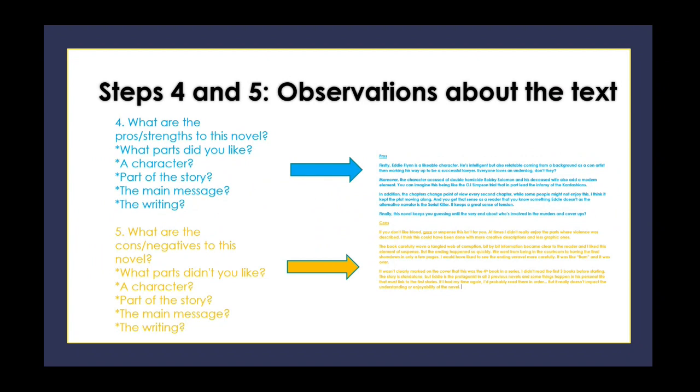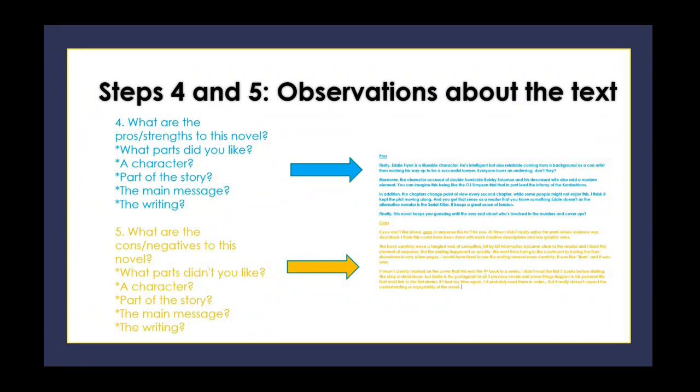This is where I can go into more detail. You should have 2 separate paragraphs for the strengths or pros and the negatives or the cons. Now, these should be full sentences. You need to make sure that you really explain what you didn't like about it. If you say that you didn't like a particular part of the book, why?